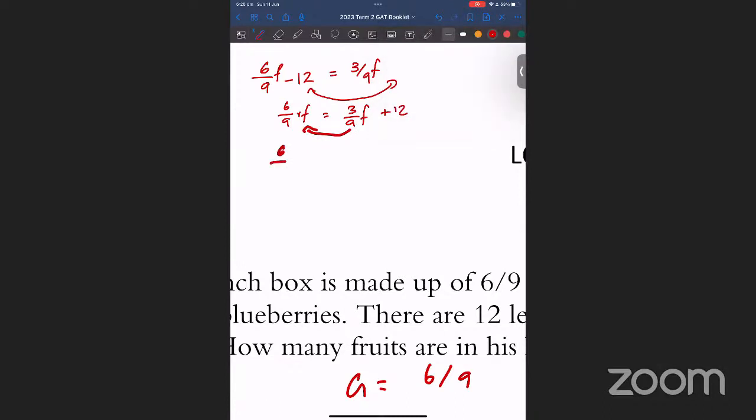So 6 over 9 F minus 3 over 9 F is equal to 12. So what's 6 9ths of the fruit minus 3 9ths of the fruit equal to?